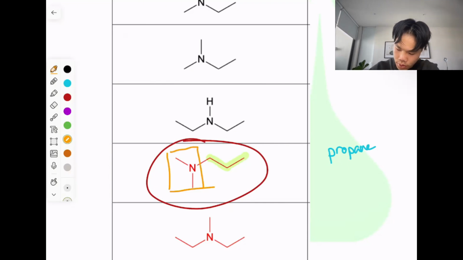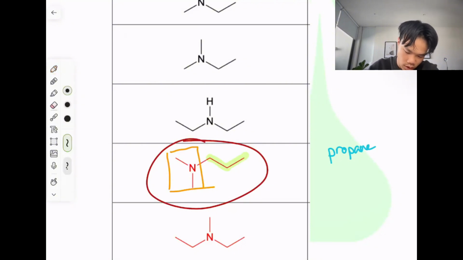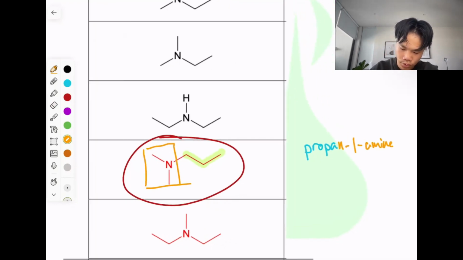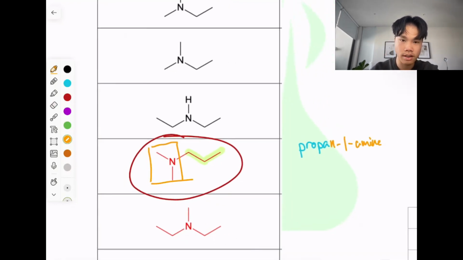So we then refer to it as propanamine. And in this case, it's propan-1-amine because it's bonded onto the first carbon on that propane chain. And then on that amine, you have two methyl groups that you have to name as well.